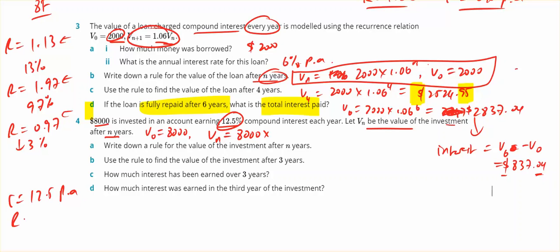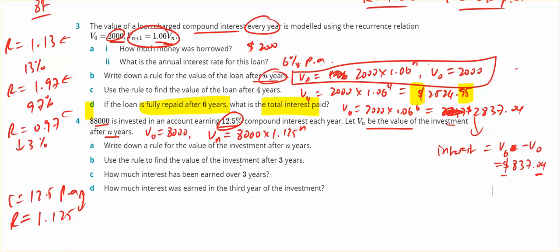So my big R value, because it's increasing, we know it's greater than 1, so it's 1.125. Like I said, I wanted you to be very good at converting between these two values. So that's 1.125 to the power n, because you're multiplying to increase the amount from the previous year, you just multiply by 1.125 each time.